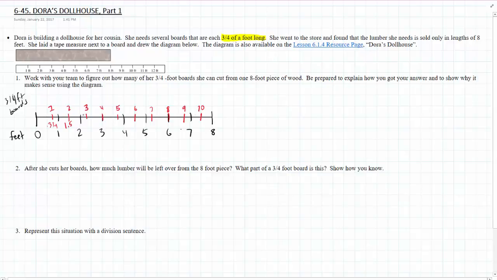So we know we could cut at least 10 pieces of wood. Okay, that's 1, 2, 3 pieces, 4 pieces here, 5, 6, 7, 8, 9, and 10.